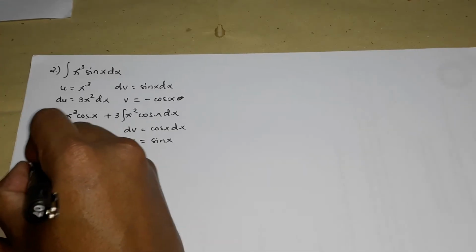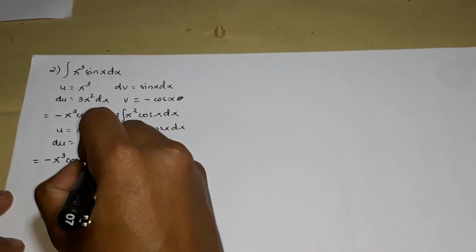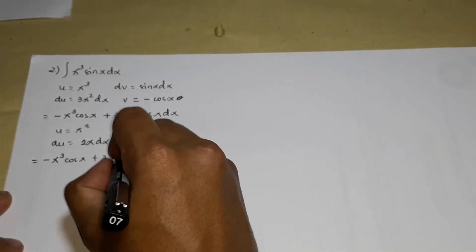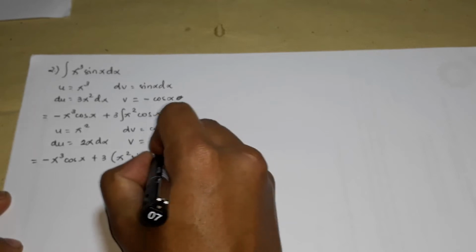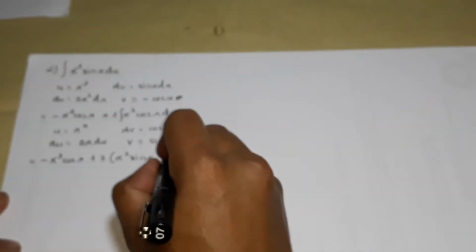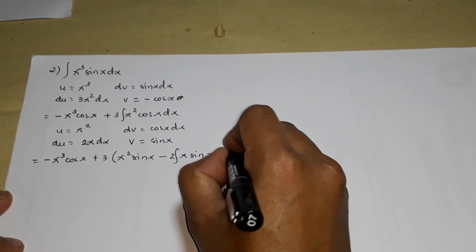And then again, we apply the formula, copy negative x cubed cosine x plus 3 times uv, that's x squared sine x, minus the integral of v du, so that's 2x sine x, then you affix dx.